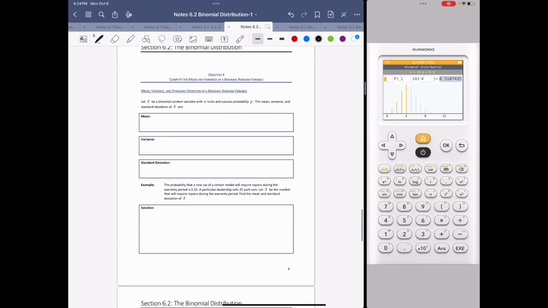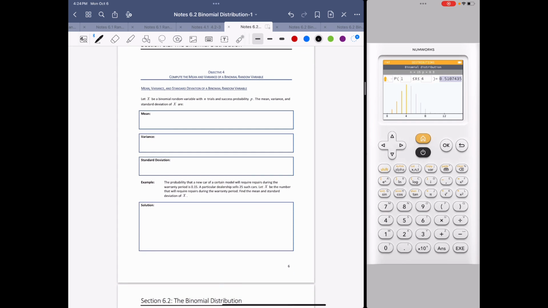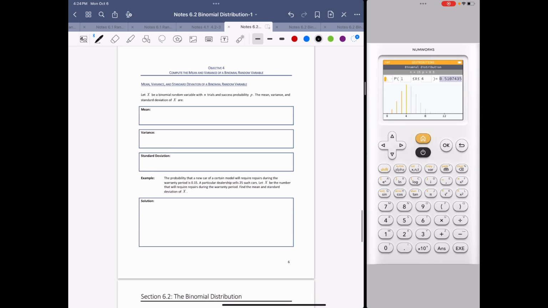The last thing that we're going to talk about is finding the mean, variance, and standard deviation of a binomial random variable. It says let x be a binomial random variable with n trials and success probability p. Here's the formula for these 3 things. The mean, mu of x, and these are all formula based, is NP.